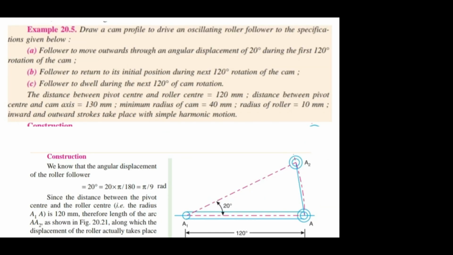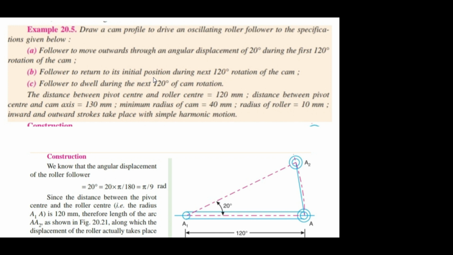Now here, during outstroke and in-stroke, the motion of the follower is of simple harmonic motion. Here follower to move outwards through an angular displacement of 20 degree during the first 120 degree rotation of the cam. So theta O is equal to 120 degree.